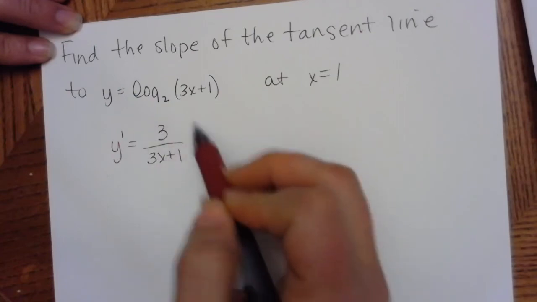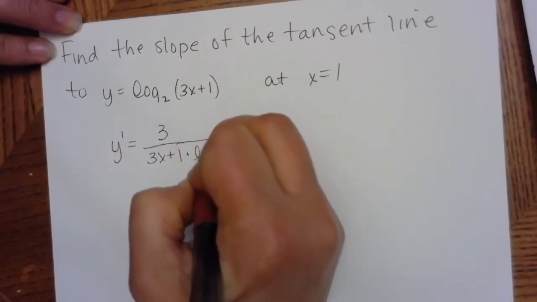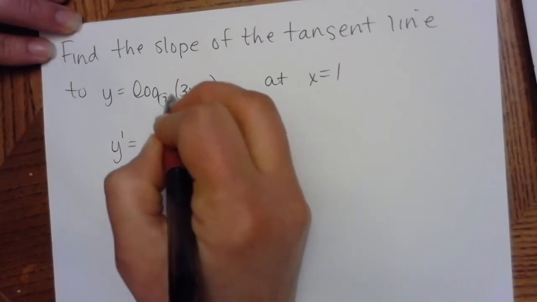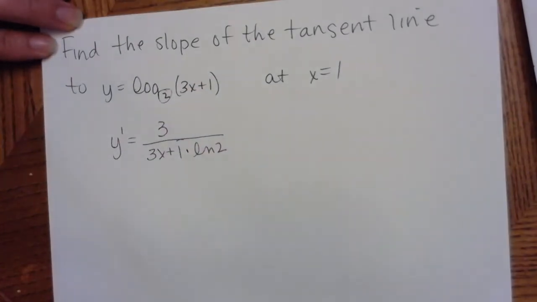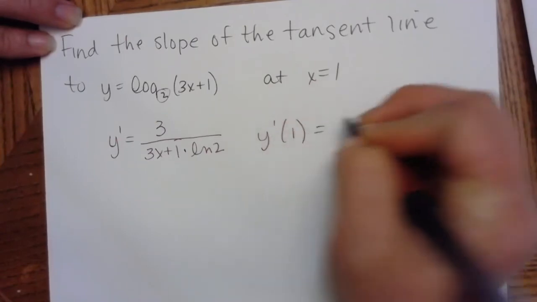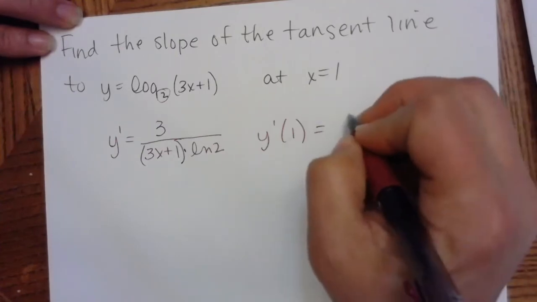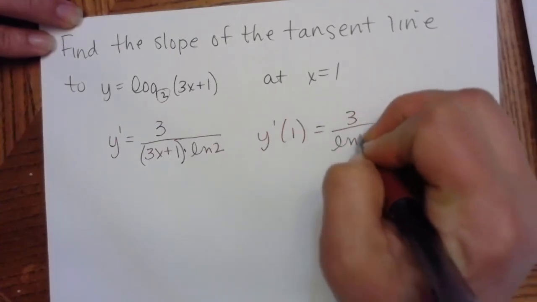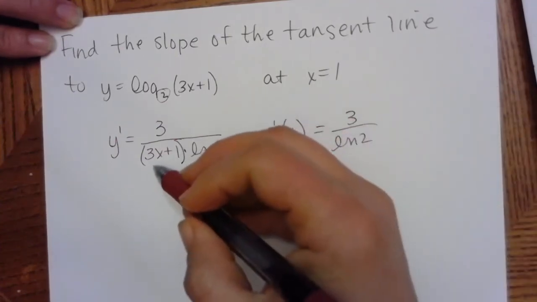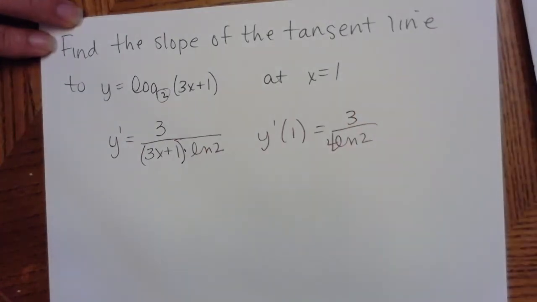So this is just like if it was ln, but then also down here I have to tack on the natural log of 2 because 2 is my base. Okay, so if I wanted y prime of 1, there should be parentheses around there, 3 over the natural log of 2, and then when I plug in 1, I'm going to get 4 natural log of 2, okay? And that is just a number I can put in my calculator.